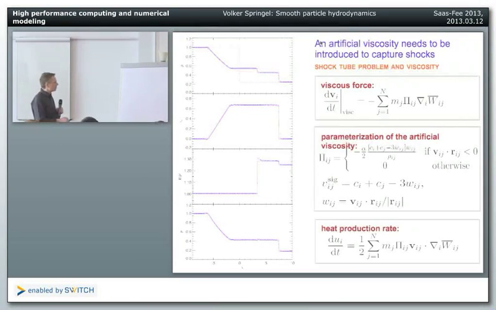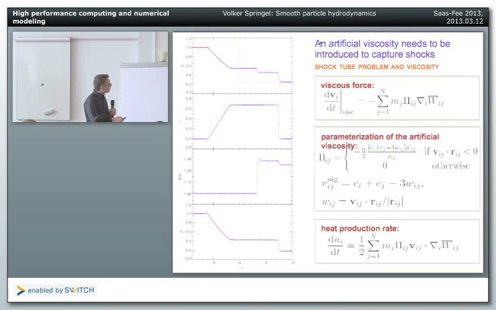So the gas on the right, that used to be on the right-hand side here, has its entropy increased by the shock. It is accelerated because it then has a certain velocity. And it's also compressed because its density increases. That happens at the shock. And at the contact discontinuity, which is behind the shock, you see that only the density jumps, the velocity is now continuous, pressure is continuous, and also the entropy will jump, as also the temperature does.